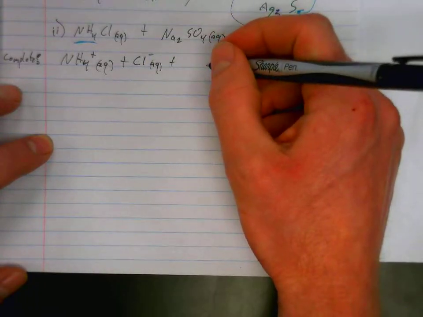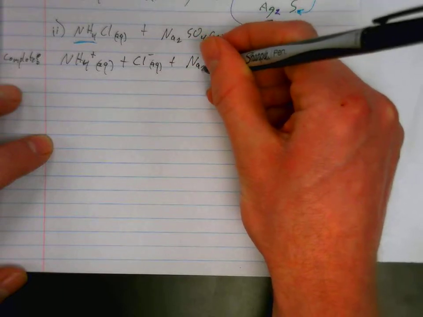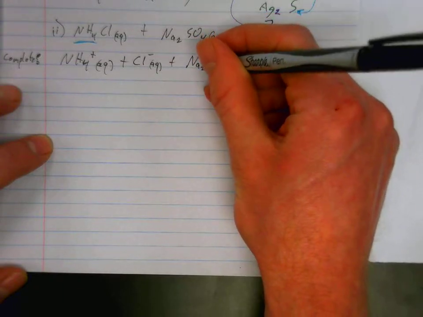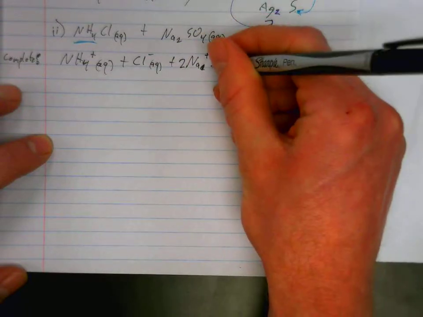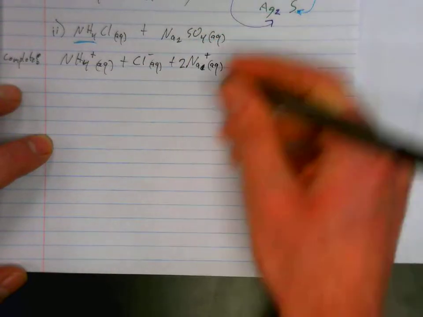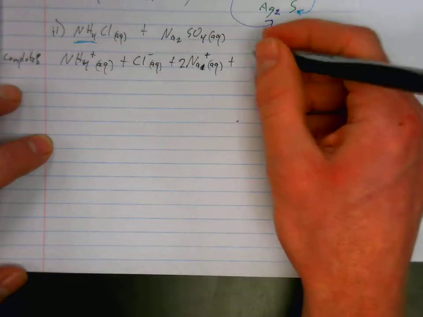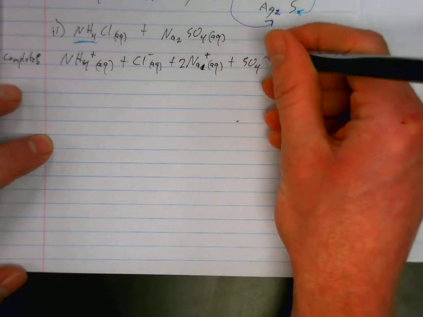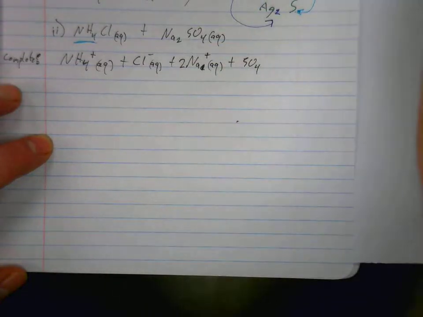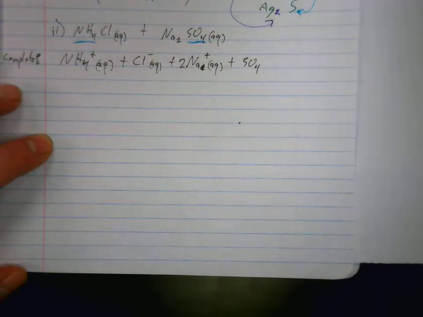We have sodium, which forms a +1 charge. We'll put the 2 coefficient in front, Na+, aq. And then we have the sulfate here. And that is polyatomic, once again, SO4, and it's a 2- charge.